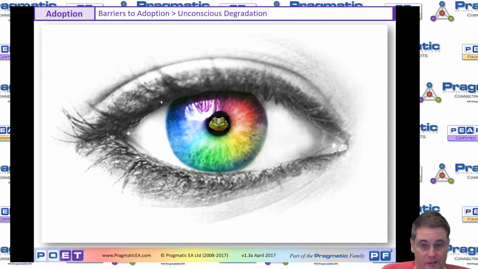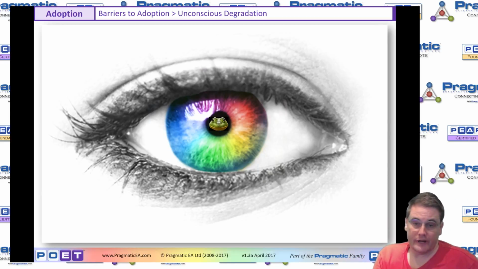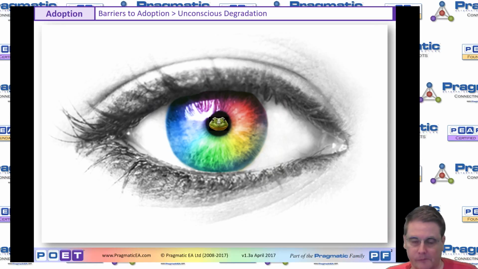Unconscious degradation. What's happened to a lot of organizations is a little bit like people's eyesight. Over the years, generally people's eyesight just gets slightly worse. You don't even notice it until something happens, like you start walking into lampposts, or you can't read menus in dark restaurants, or whatever it happens to be. Then you go and get some glasses, you put them on, and wow, the world's suddenly in high definition. You never realized how poor your eyesight was.